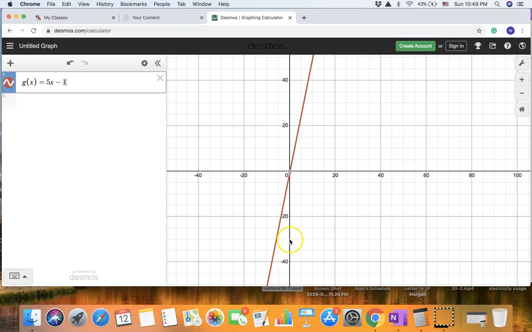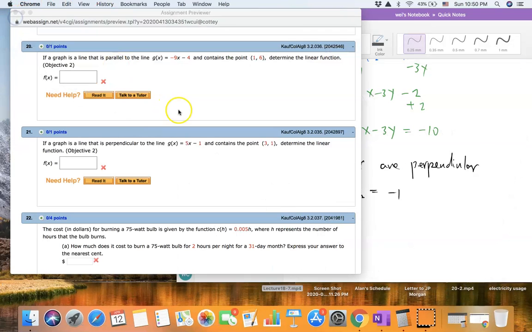And we are looking for a straight line which is perpendicular to this line.